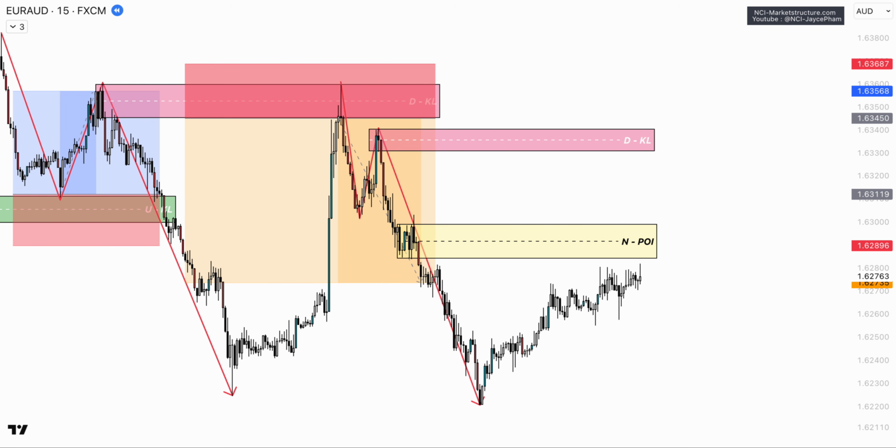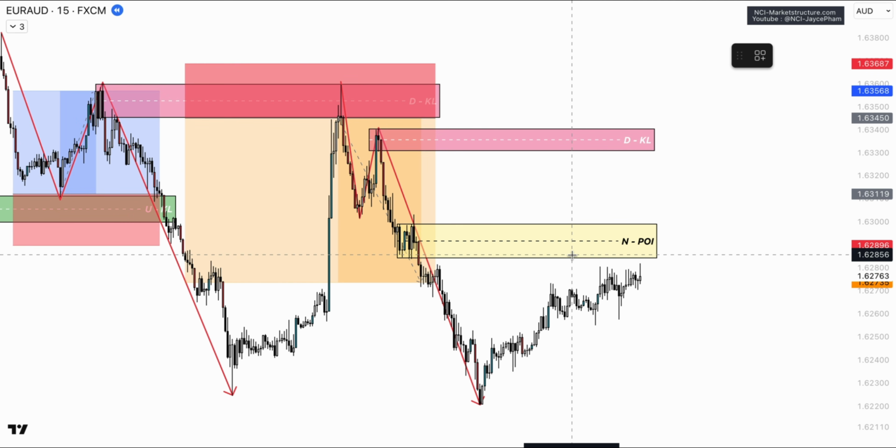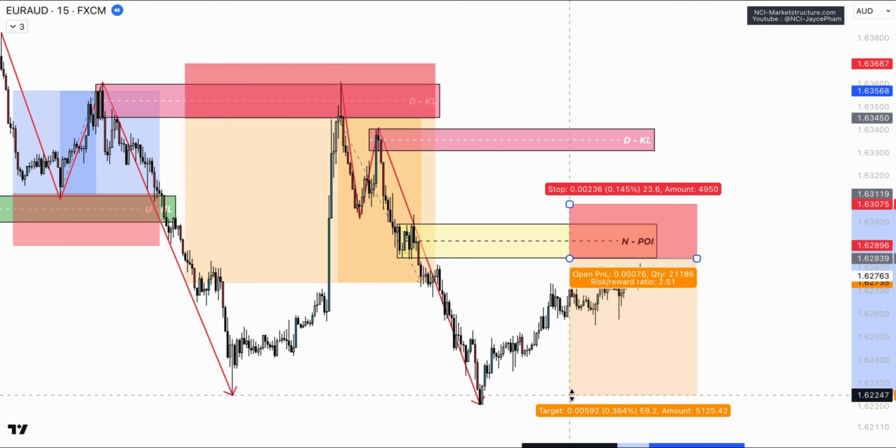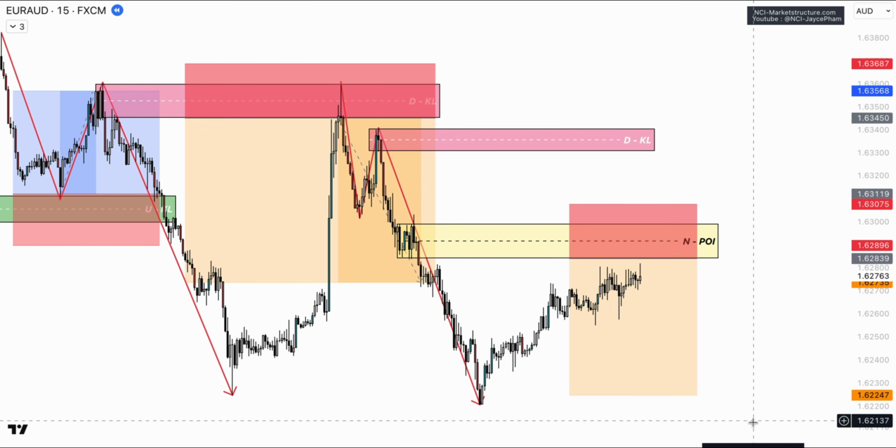As you may recall from my previous videos, when entering a trade at the POI, we focus specifically on the POI candlestick pattern and the subsequent imbalance, right? We will enter a short position at the POI and take profit at the nearest low. Let's see how the market reacts.